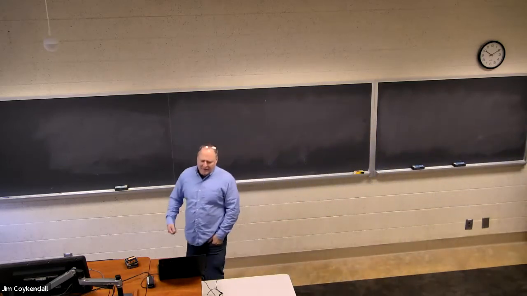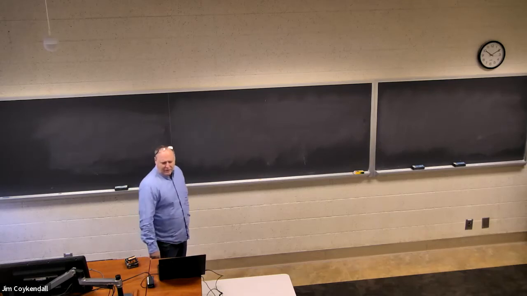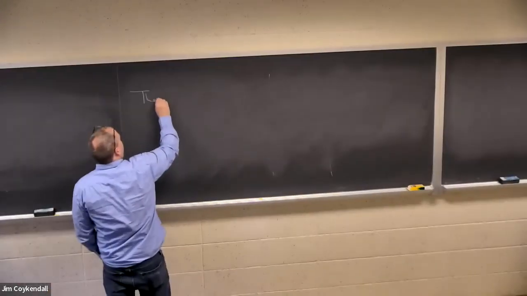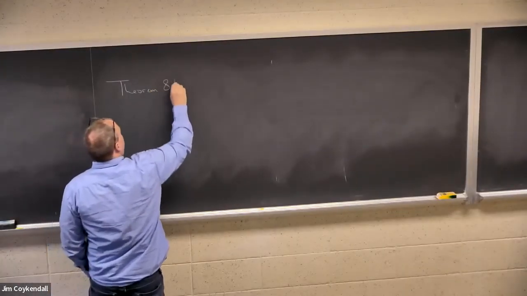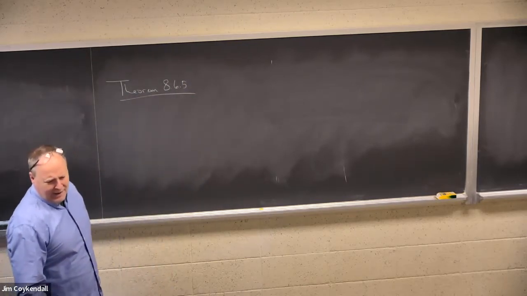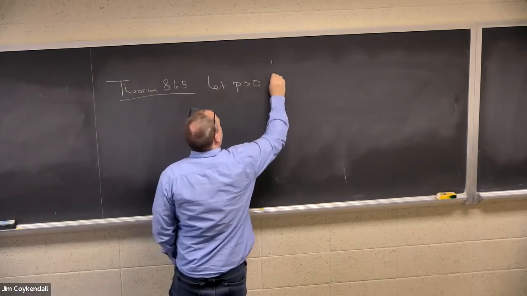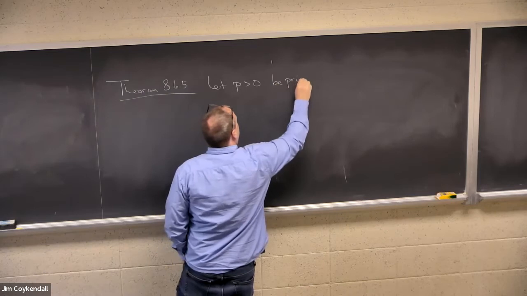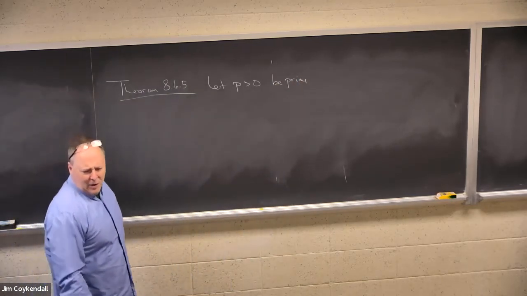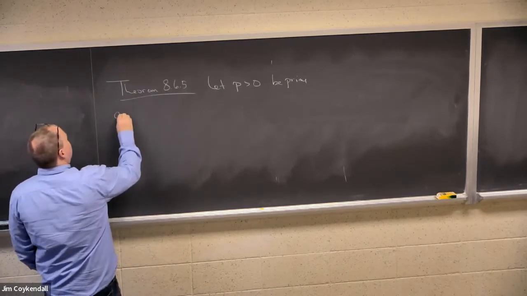Let me, I think maybe Tom covered this, maybe not, but it's not going to hurt anything for me to just make the statement here. So suppose that p is a positive prime and r, and n an integer greater than or equal to 1.